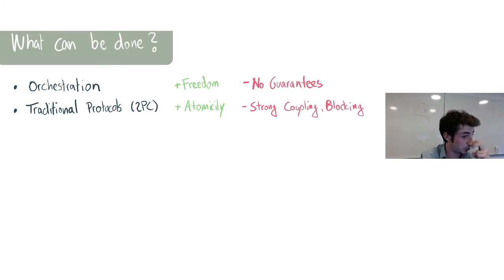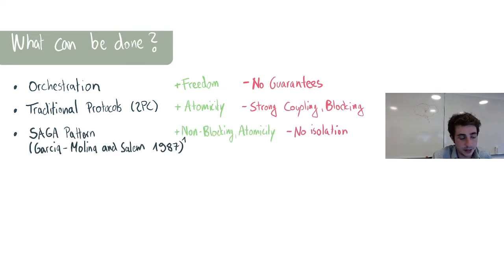Then we could also use a traditional protocol like 2PC. 2PC typically grants atomicity, but it introduces a strong coupling between the components and also blocks the processes. Last, what has become quite popular in the microservice community is the Saga pattern, a method which is non-blocking and also provides atomicity, but it has no isolation guarantees.